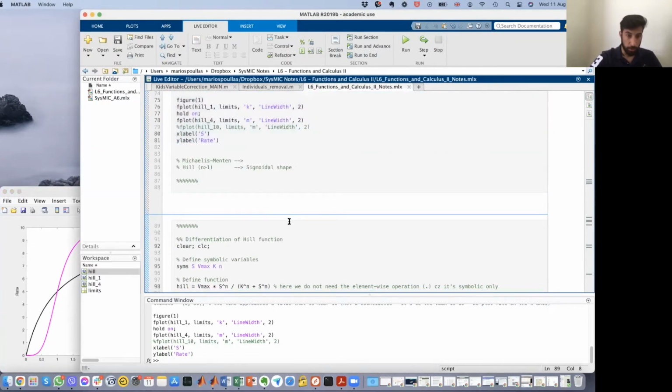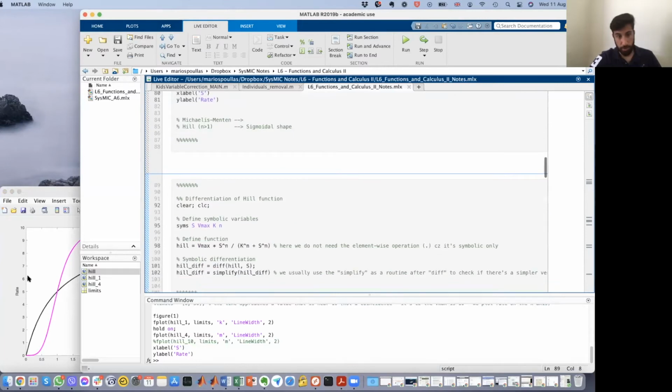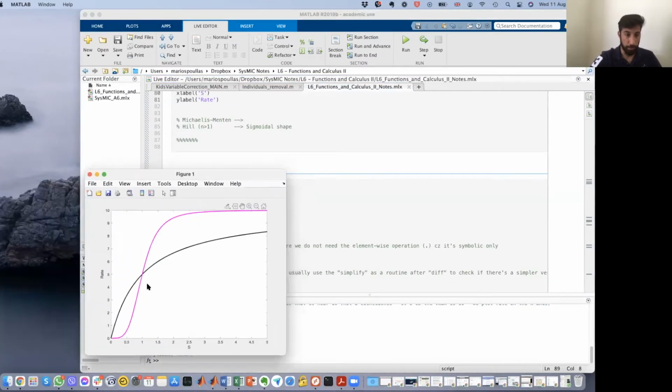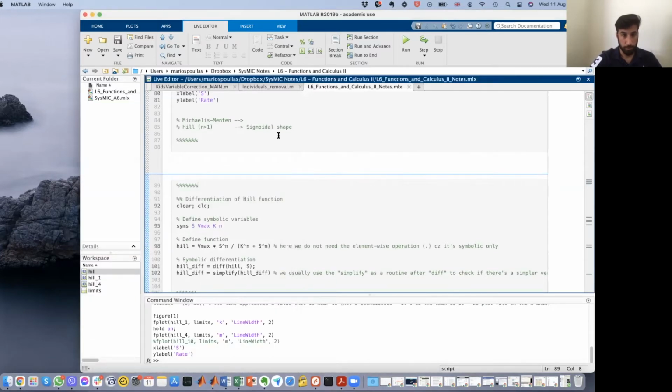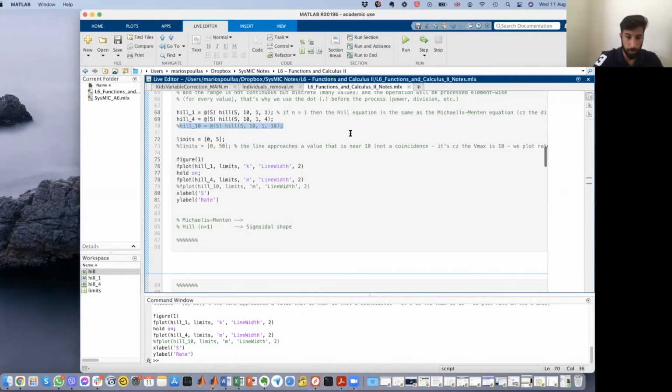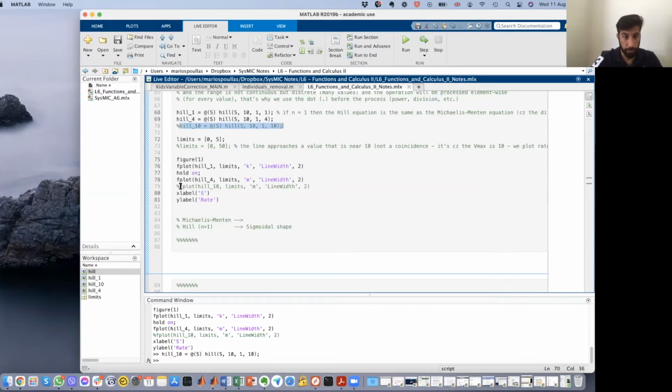What we are going to do now, this was just to explore the equations and the difference between different exponents. Let's do another one, actually, with the exponent equal to 10, and I'm going to plot it on the same plot.